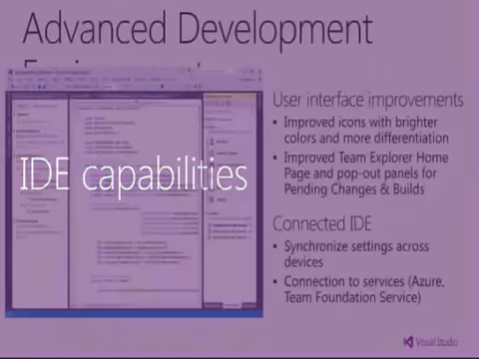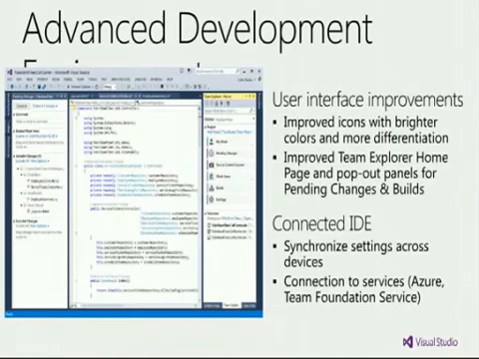I'm going to start off just fundamentally into the IDE, where we've done a lot of work, starting with the user interface, making sure that we've improved our color and differentiation inside the development experience, making it easier to navigate around, particularly in the light colors that Visual Studio defaults to.